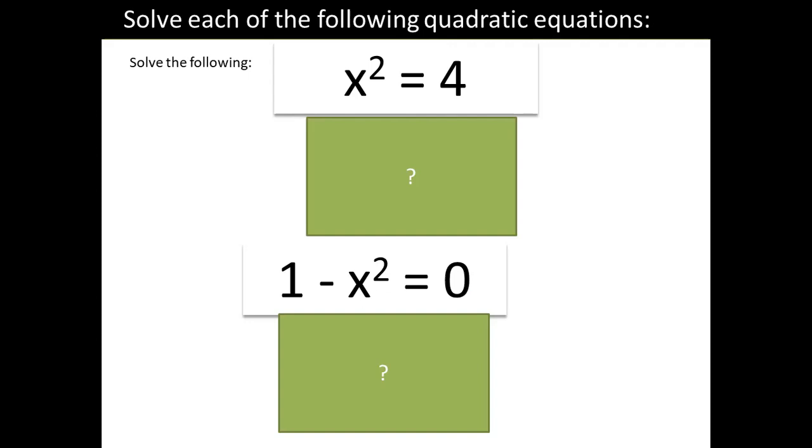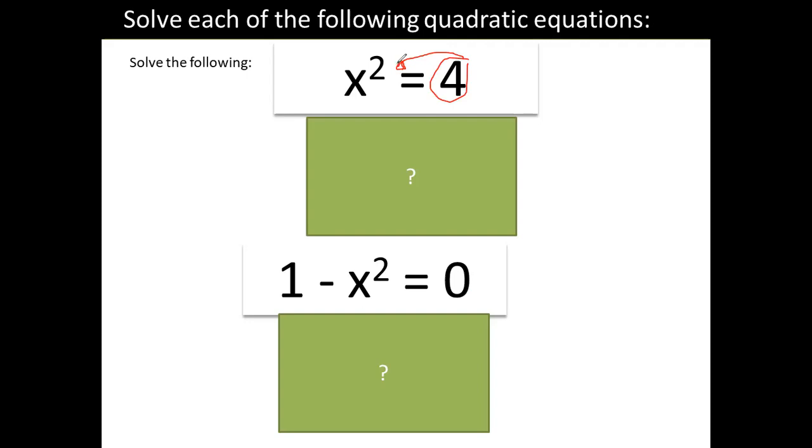Now what about the first example? x squared equals 4. So take note, we set that one equal to 0 first. What will you do? We transpose this whole number 4 to the left side of the equation. Since this is positive, it becomes negative on the left-hand side.